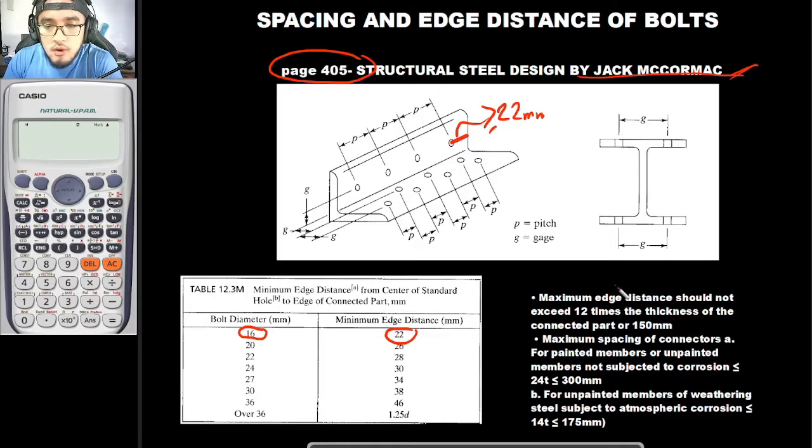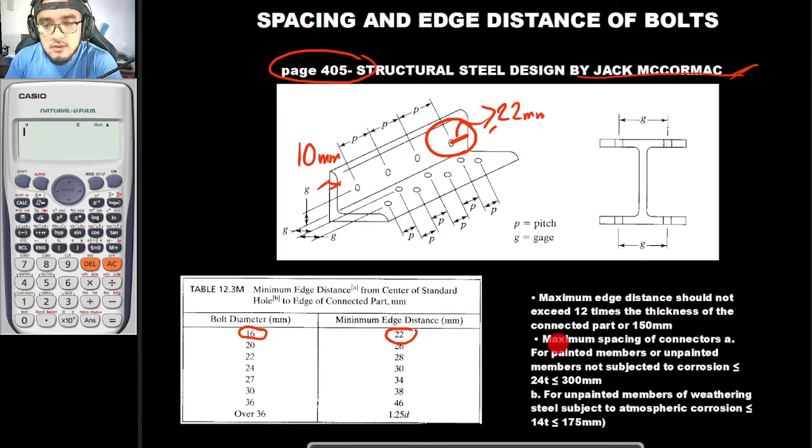So for example, the thickness of our angle is, let's say, 10. Meaning, the maximum edge distance is either 10 times 12 or 150. And 10 times 12 is equal to 120. Comparing it with 150, it is common sense that 120 governs, because it is the smaller value. So, easy peasy lemon squeezy.